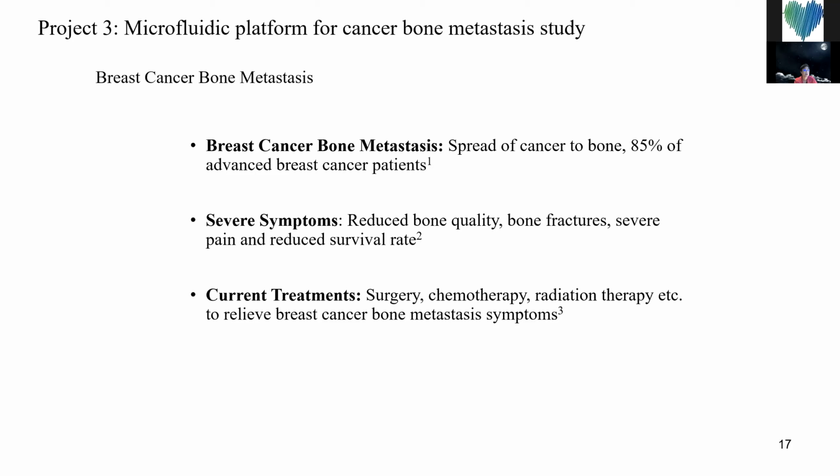The current treatment involves surgery, chemotherapy, radiotherapy. It can only relieve breast cancer bone metastasis symptoms, but can't really treat it. And we also don't have many options on how to prevent bone metastasis.